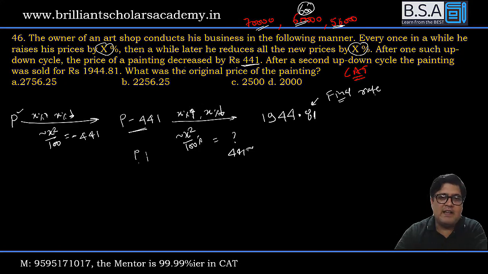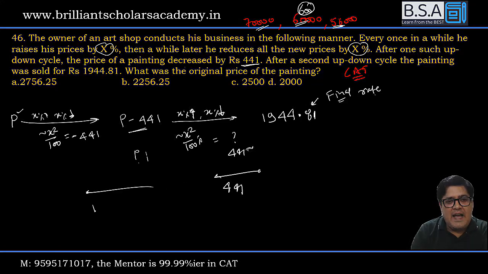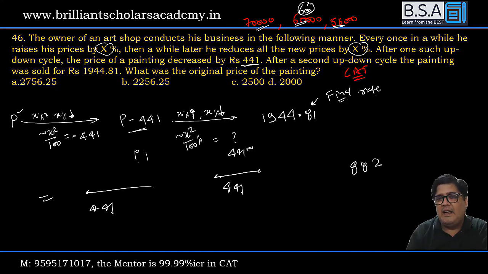So what you can say is, if I think reverse, I go back, and I add 441, and I go back and I add 441. See what value am I getting? I am getting 882 added to 1944.81.